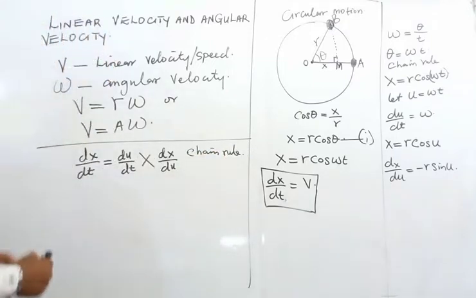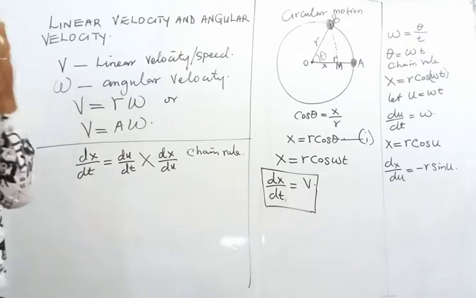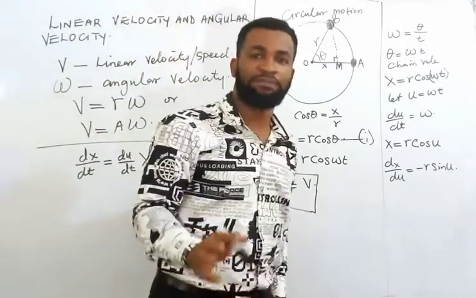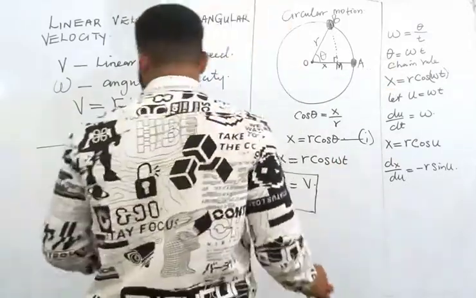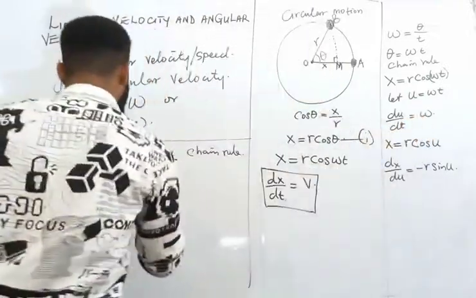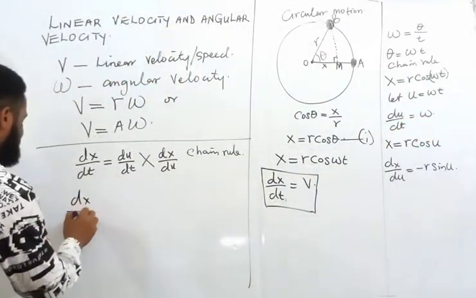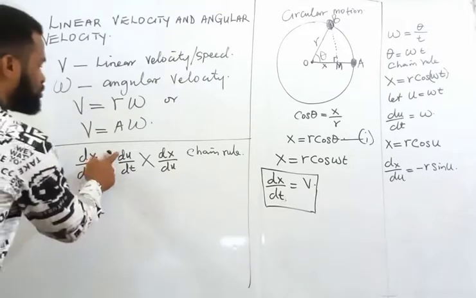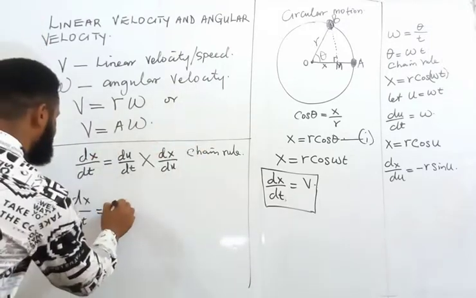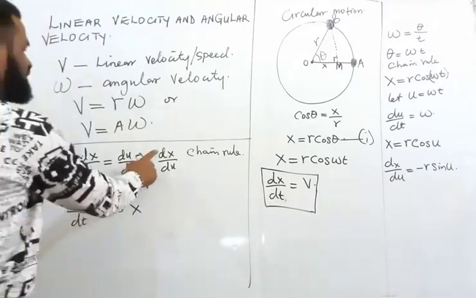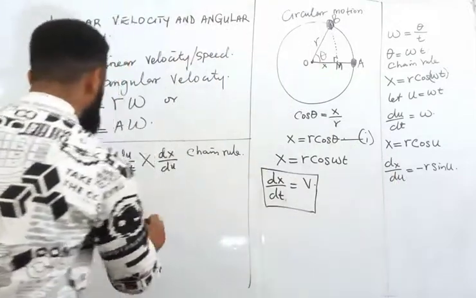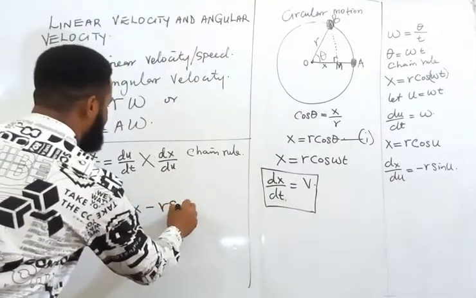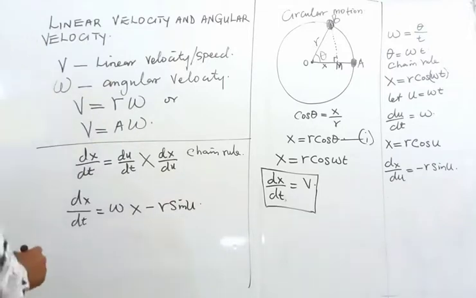All right? So what is the next thing? At this point, I'm going to substitute the values that I got from my expressions. So du dt is omega. So dx dt is equal to du dt, which is omega, multiplied by dx du. The dx du is minus r sine u, right?